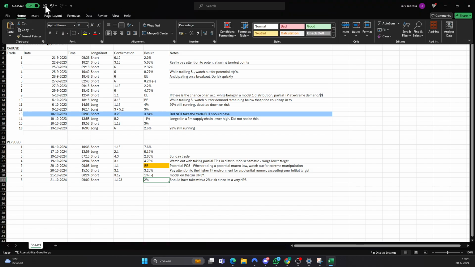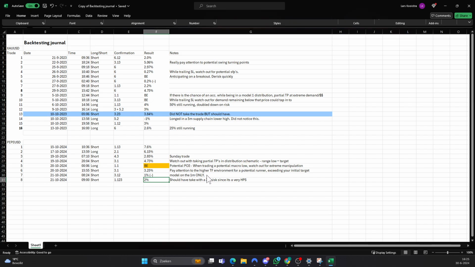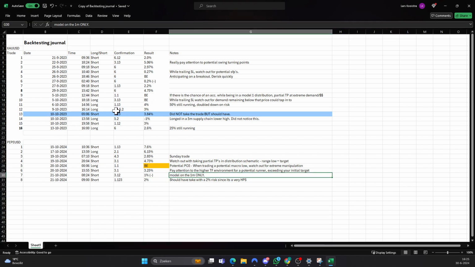There you go. Save. And then at the previous one, we're going to say it turned into a Model 1 distribution, which we traded nicely. See below.